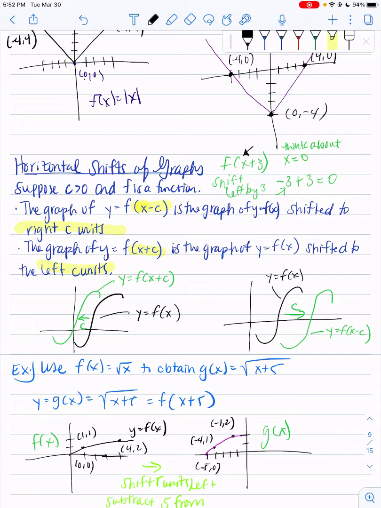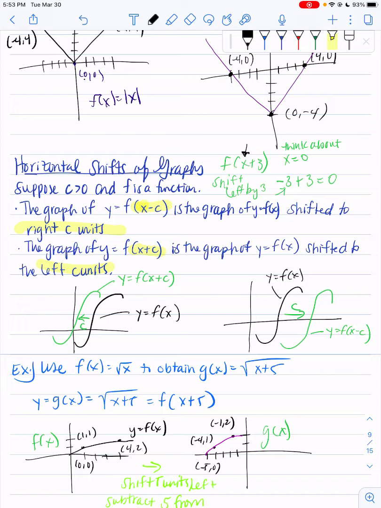What x value can I plug in here that when I add 3 to it, I get back to 0? That's going to be negative 3. So that's a shift left by 3.